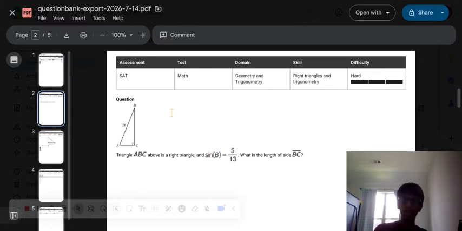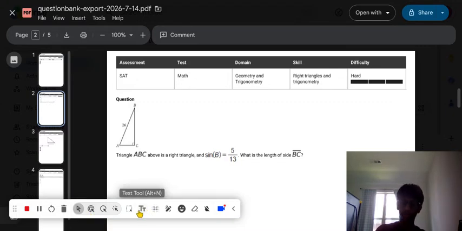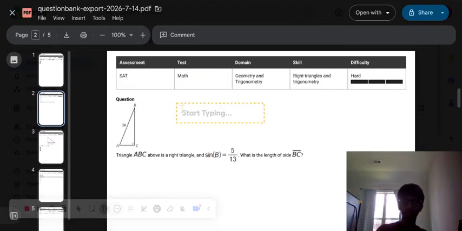Okay, remember, sine is equal to opposite over hypotenuse.